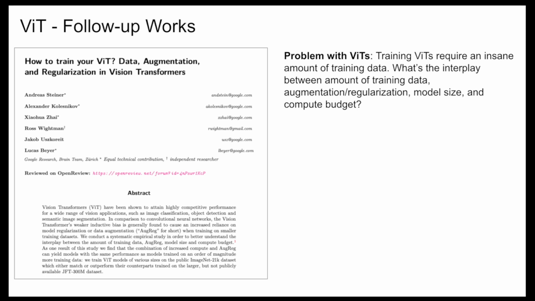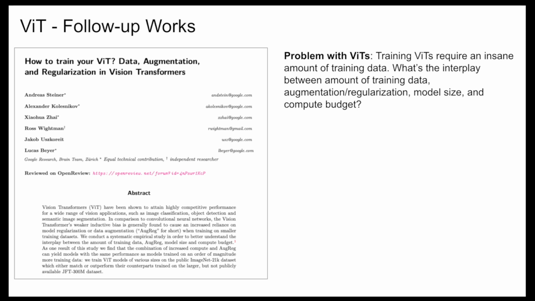In comparison to convolutional networks, the vision transformer's weaker inductive bias is generally found to cause an increased reliance on model regularization or data augmentation, or AugReg for short, when training on small training datasets. We conduct a systematic empirical study in order to better understand the interplay between the amount of training data, AugReg, model size, and compute budget.